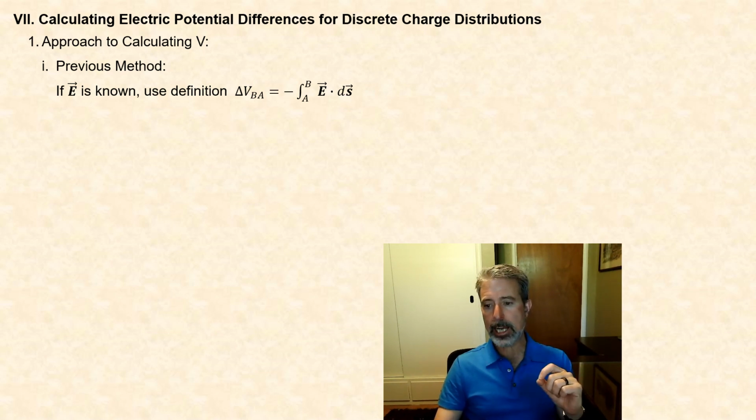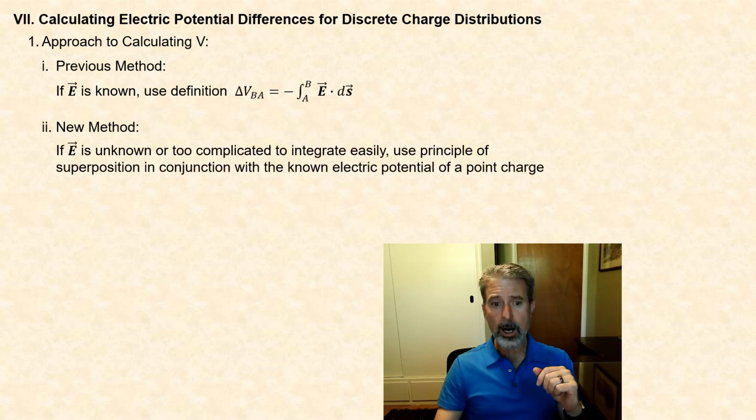What we're now saying, however, is that if the electric field is unknown, or too complicated to integrate easily, we can use the principle of superposition in conjunction with the known electric potential of a point charge, to calculate the electric potential of a bunch of point charges.